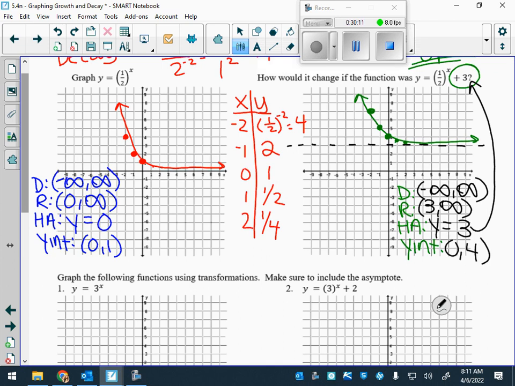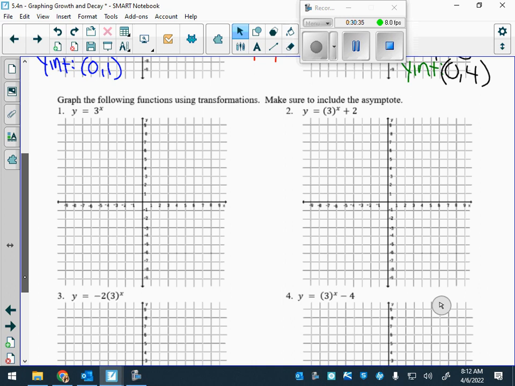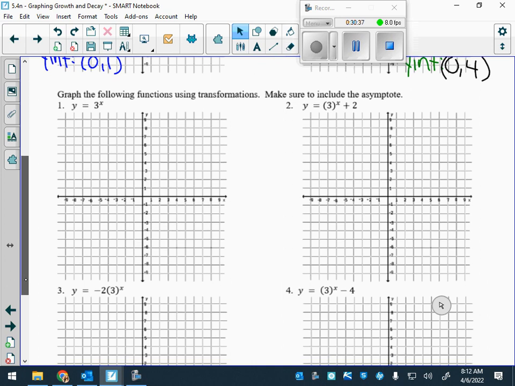So, out of these guys we just did, okay, moving left to right, does that change your horizontal asymptote? No, right? It's still going to be what? 0. Moving up or down, does that change it? Yes. Okay. So you guys are going to try 2. Actually, 3 on your own.